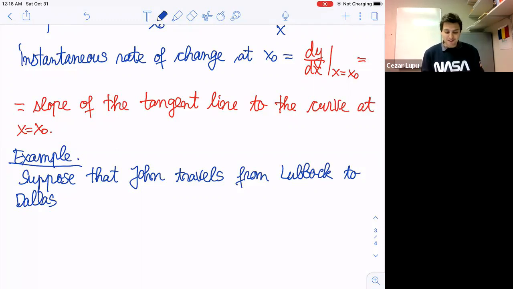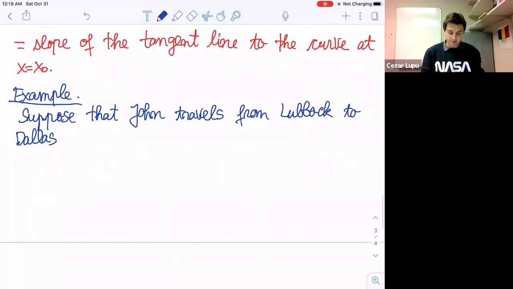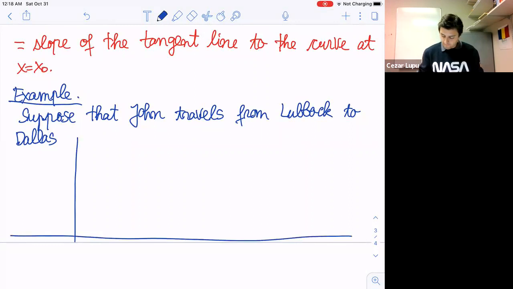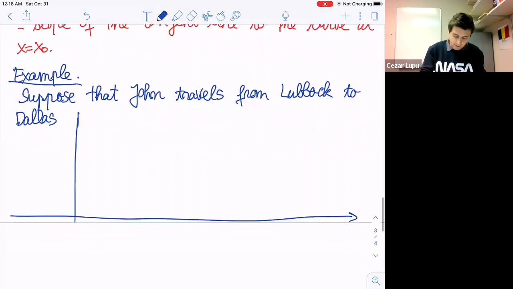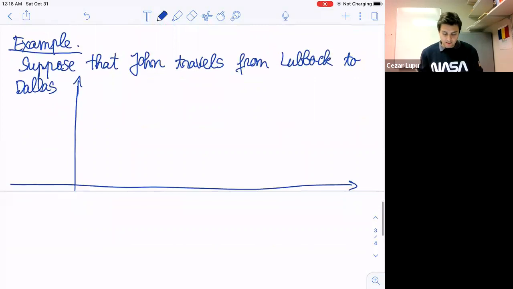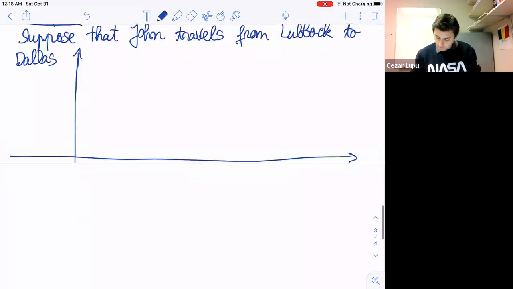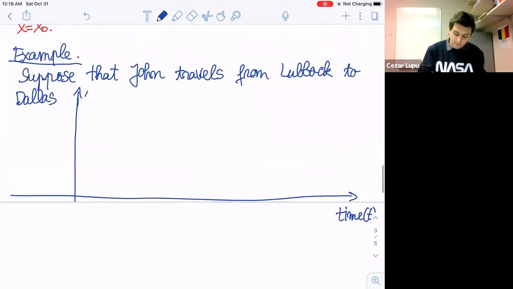So let's just draw this, the distance between Lubbock and Dallas. In fact, let me draw it here. We have John, who's traveling from Lubbock to Dallas, right? And let's just say that here we'll have the time, in terms of t, a function of t. And here we'll have the displacement, which is a function of d, right?